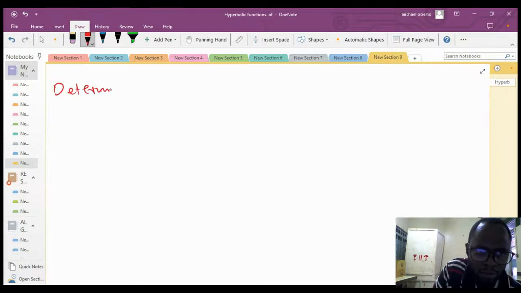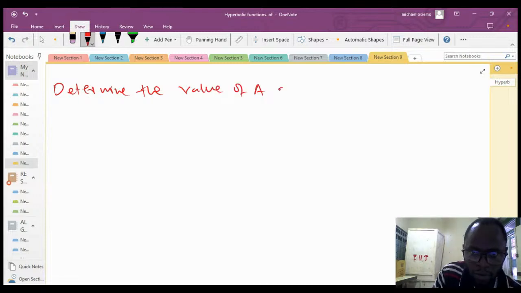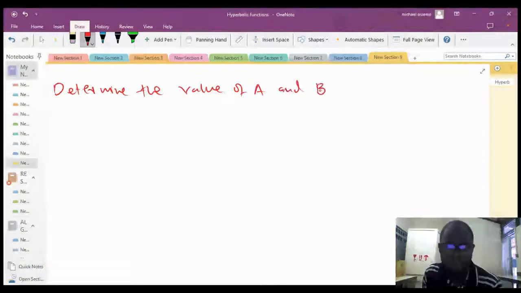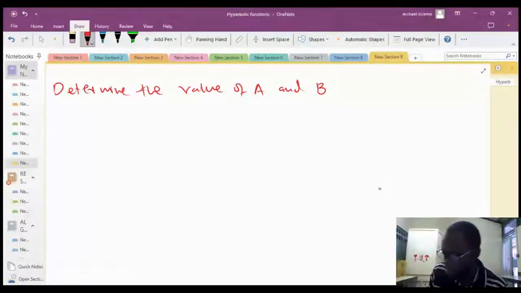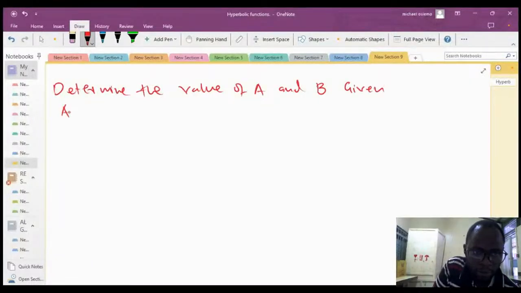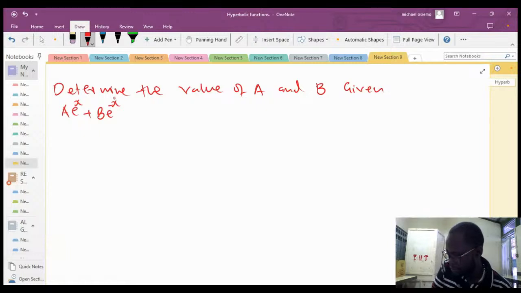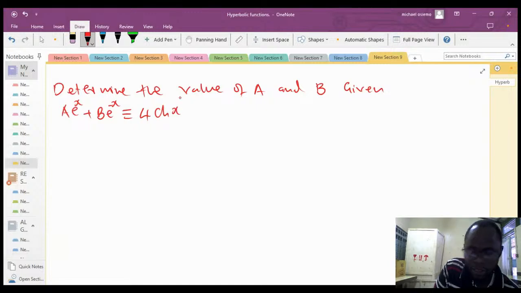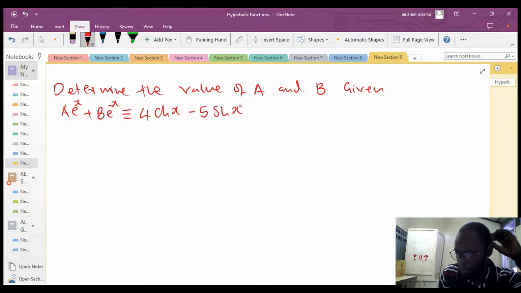Determine the value of A and B when, given, A exponential x plus B exponential negative x is equivalent to 4 ch of x minus 5 sh of x. So how do you go about this kind of a problem?